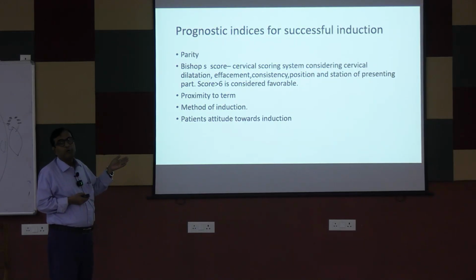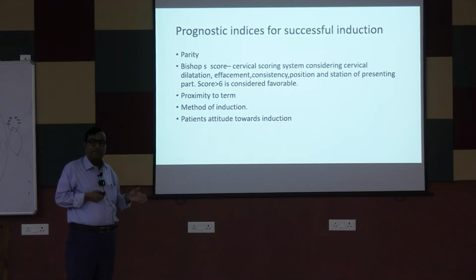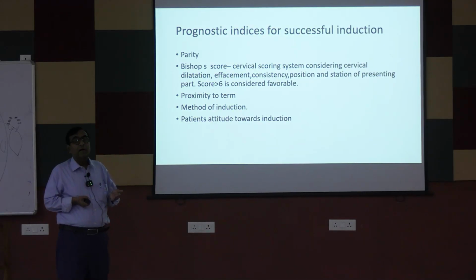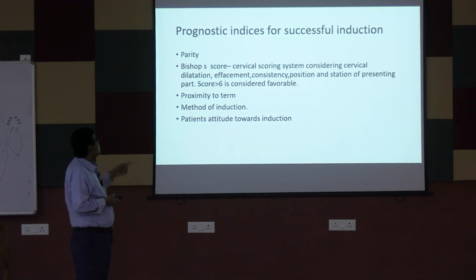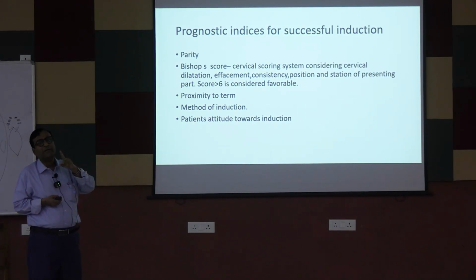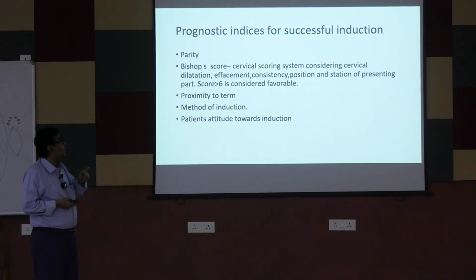If the score is less than 6, it is an unfavorable cervix. Here we have to take special maneuvers to ripen the cervix. So Bishop's score is the most important indicator of success of induction.